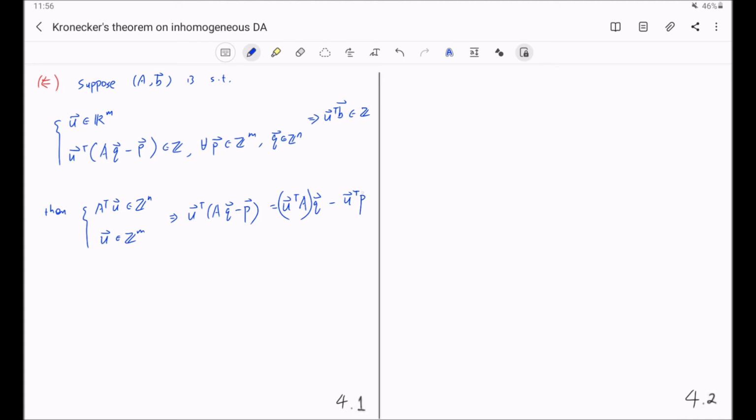Now, whenever p and q are integer valued vectors, because this part, by our assumption, is integer valued, this is a transpose of this.